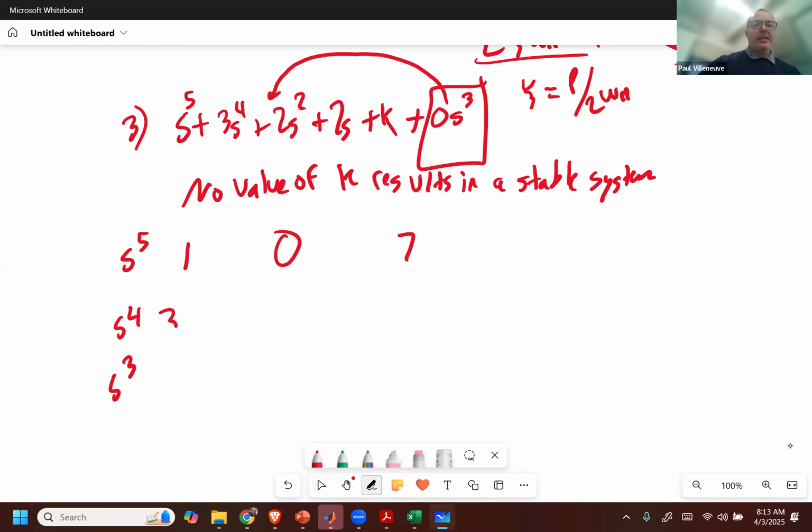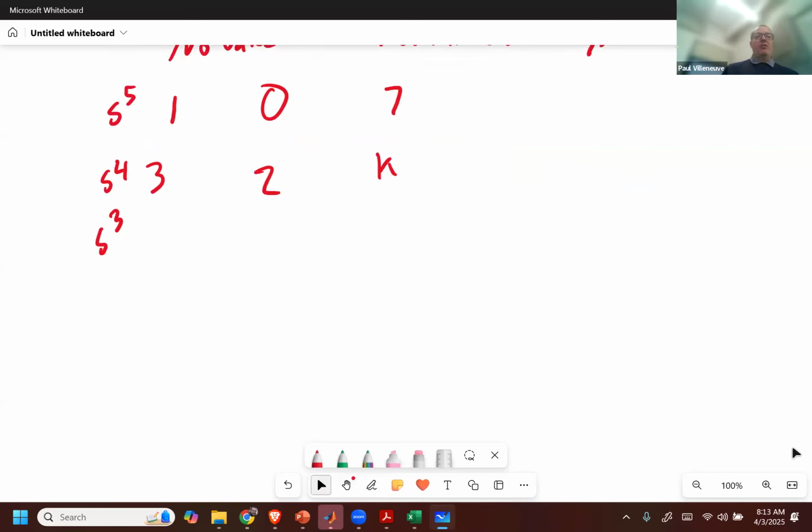This is 3, then 2, and then k. So let's go ahead and build here. Negative 1 over 3 times the determinant, which is 2 minus 0 times 3, is always going to be equal to negative 2/3. What value of k will make negative 2/3 a positive number?